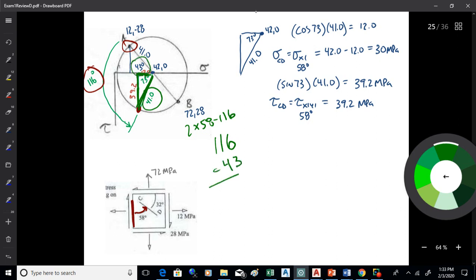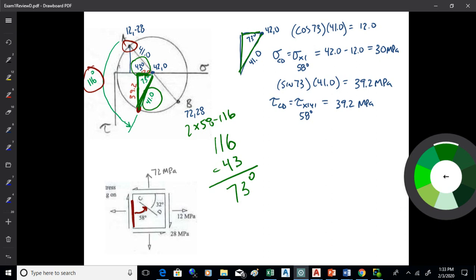I want to know how much further I'm going. I'm going to end up at 73 degrees. So 116 minus 43 is 73 degrees. So I've got a right triangle down here at 73 degrees with a hypotenuse of 41.